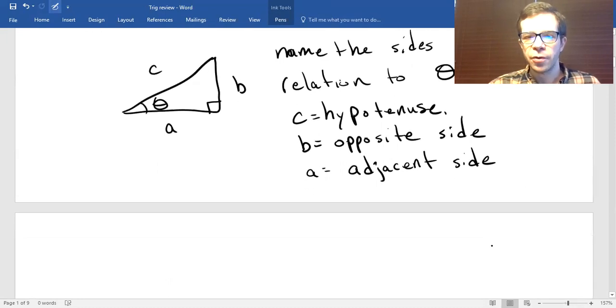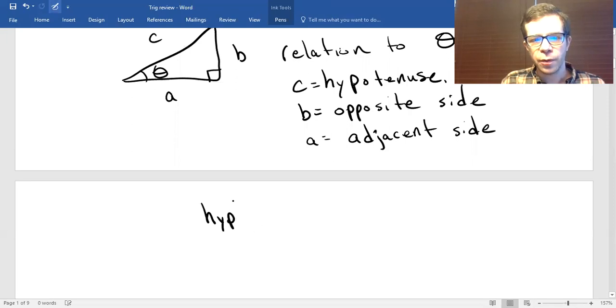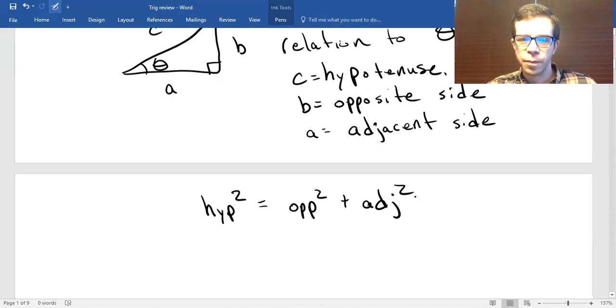So when we talk about our trig functions, this is the language we're going to use because we're talking about it in relationship to that angle. So again, we mentioned the Pythagorean theorem. We know that the hypotenuse squared is equal to the measure of the legs squared and added together as well, right? The lengths.